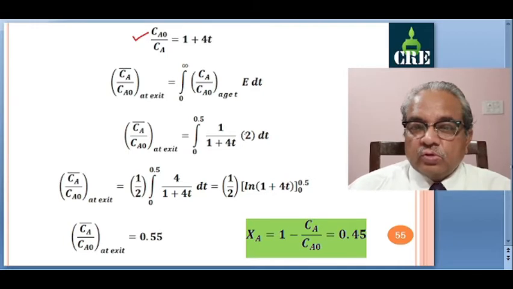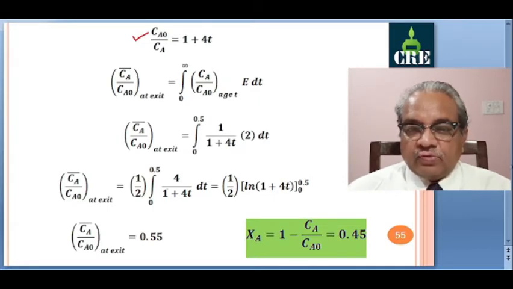Here I have 2, so I have to multiply by 2 and divide by 2. So I get 1 by 2 integral 0 to 0.5, 4 by 1 plus 4t. So half, this integral is ln of 1 plus 4t, 0 to 0.5.